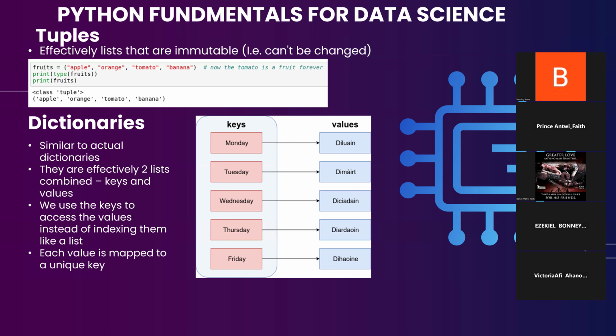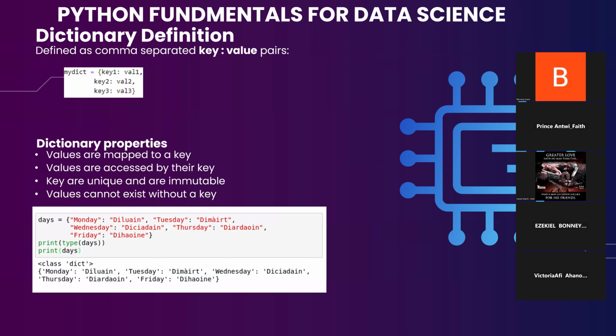They are separated by a colon. So a dictionary is key one, colon, value one, comma, key two, colon, value two, comma, key three, colon, value three, and so on and so forth.